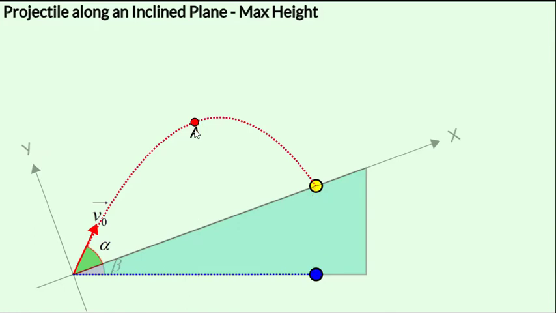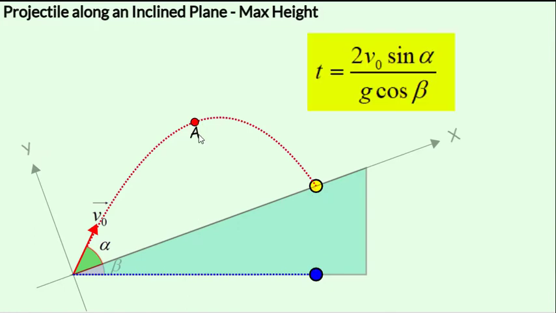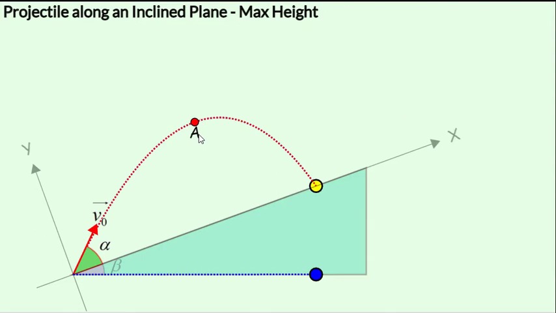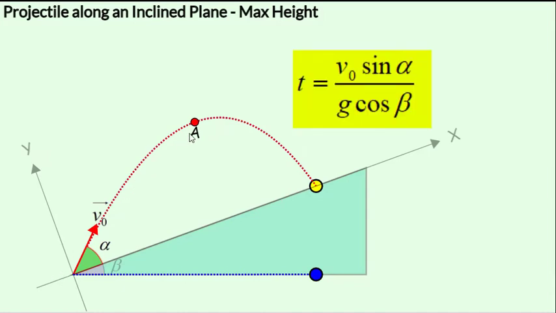Now the total time of flight we had computed as 2v0 sine alpha over g cos beta. The time from the launch point to A would be half of that, so v0 sine alpha over g cos beta, and it would be the same from A to the landing point.